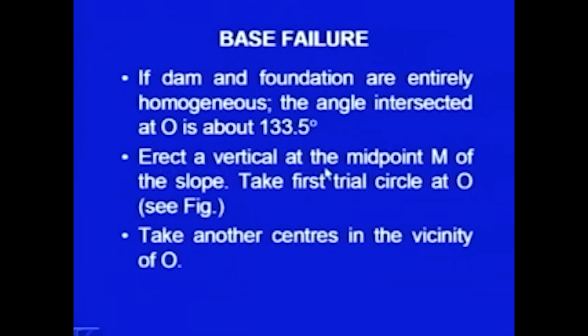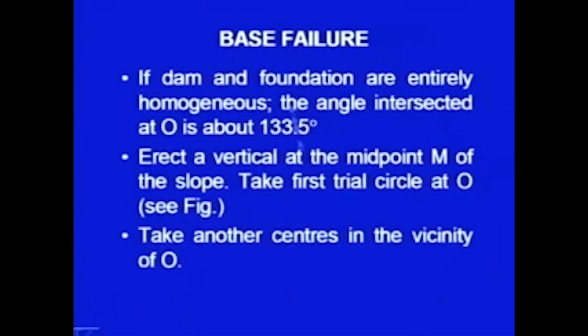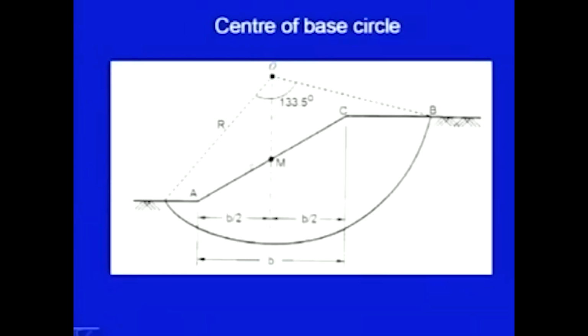So, erect a vertical at the midpoint M of the slope. Here this is the slope, and this is the point M. The critical circle will be on this line, and then this angle is 133.5. This is quite useful information. So, we erect a vertical, and take the trial circle at this as shown here.